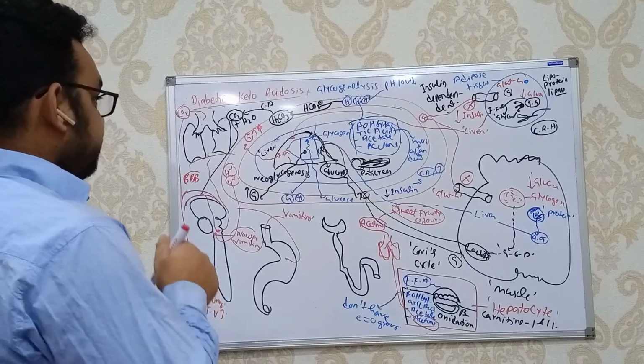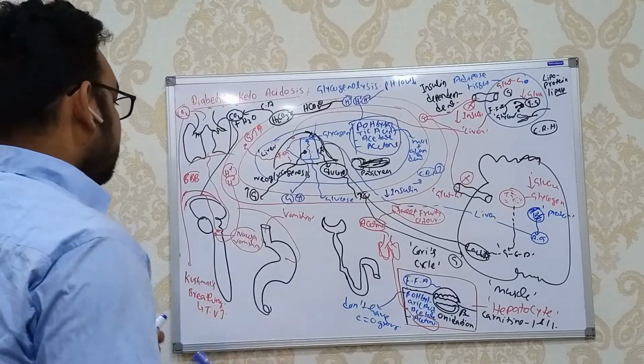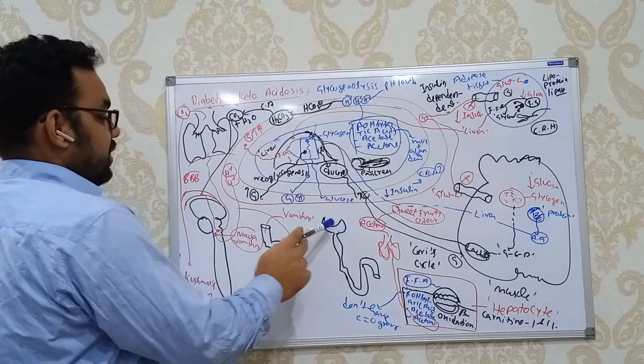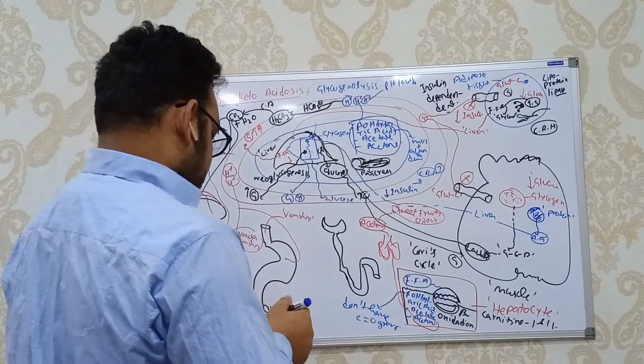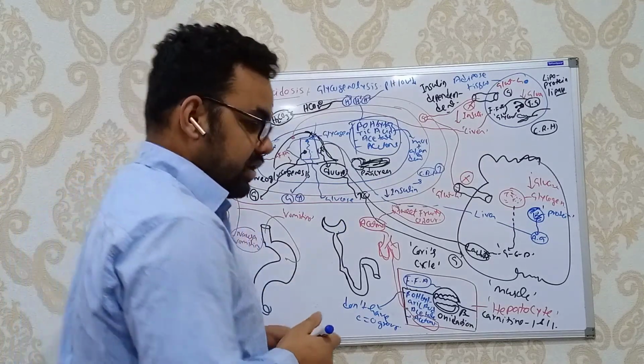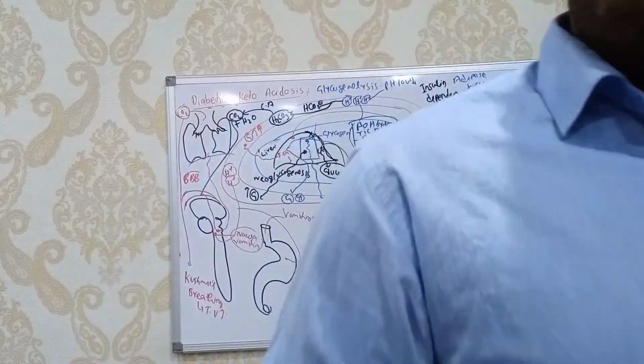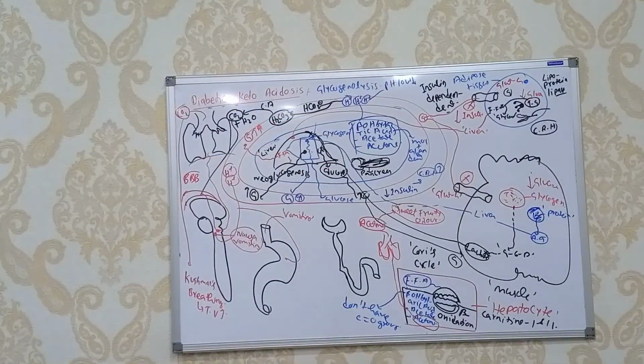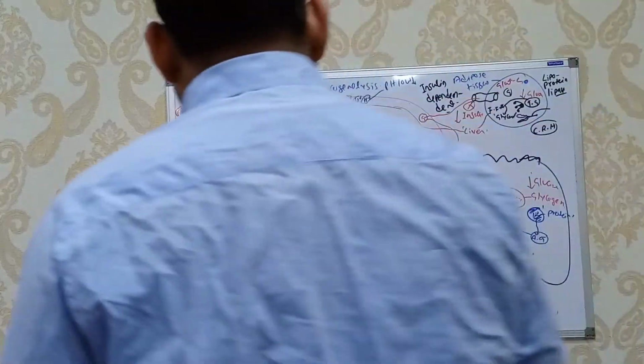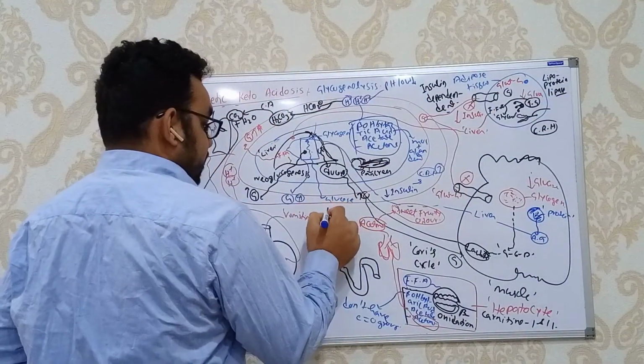Now, we have to talk from the aspect of the glomerulus. Whenever hyperglycemia is there, a large amount of glucose will come through the glomerulus.